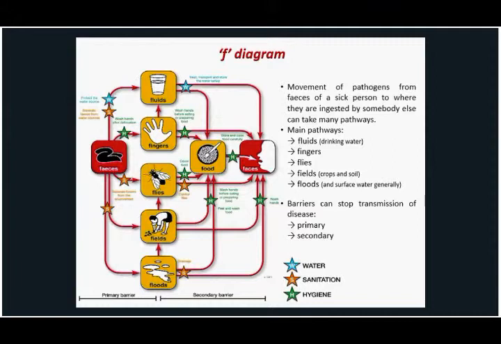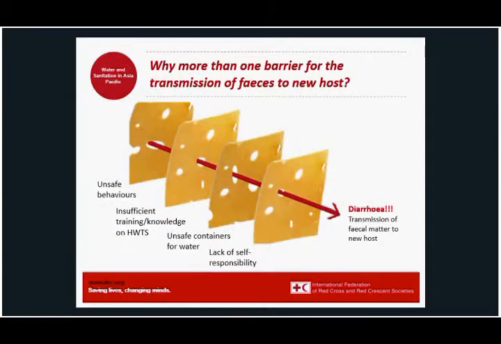And why is multiple barrier important? Let's have a look at this illustration of the Swiss cheese model. There are so many holes in one barrier.